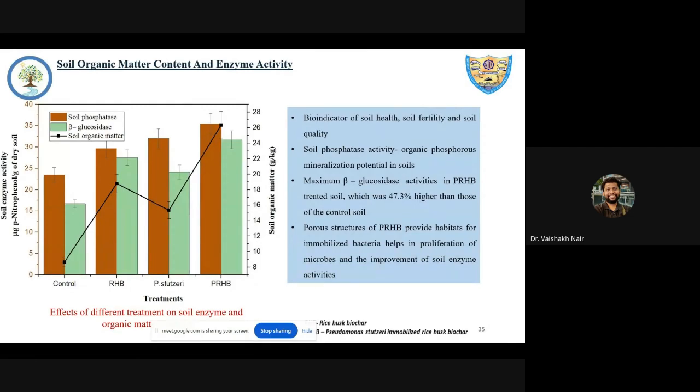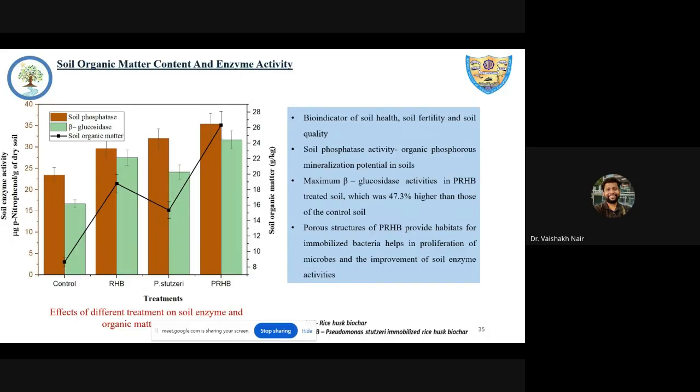This is again, as I stated, the reason why I'm going like a story is because this is how I got into this agricultural part, because I was trying to look into soil pollutant removal. But then we were able to see that some of the enzyme activities were very high. So soil phosphatase, beta glucosidase, soil organic matter, they were increasing.